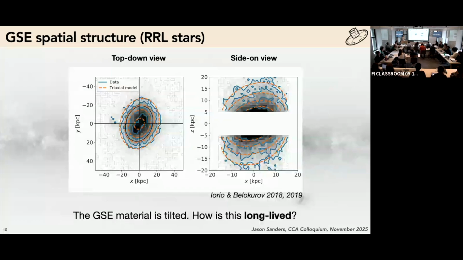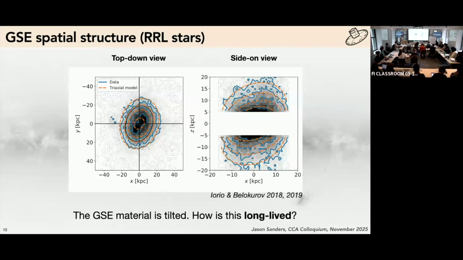A further line of evidence for the GSE is that if you look at RR Lyrae stars, just a good distance tracer, you get very, very accurate distances to RR Lyrae, so you can map out the three-dimensional structure of the GSE debris.